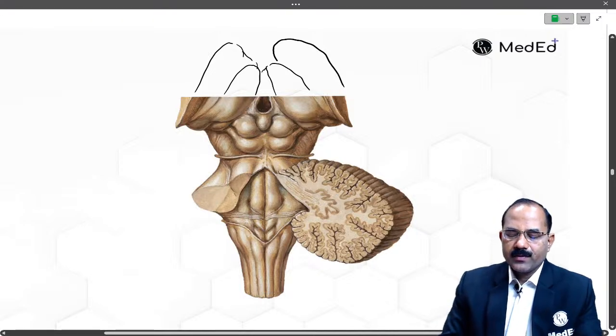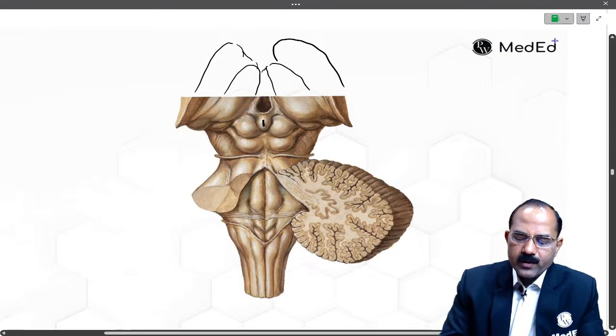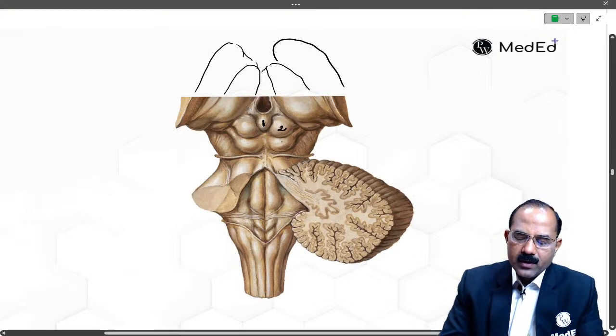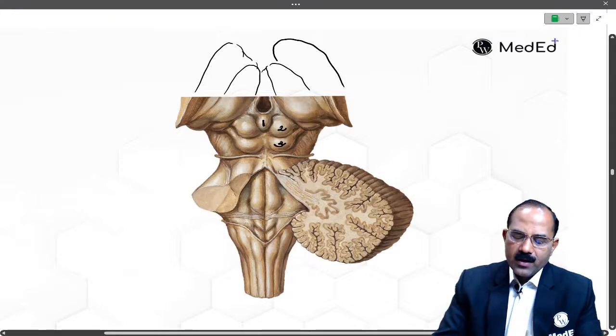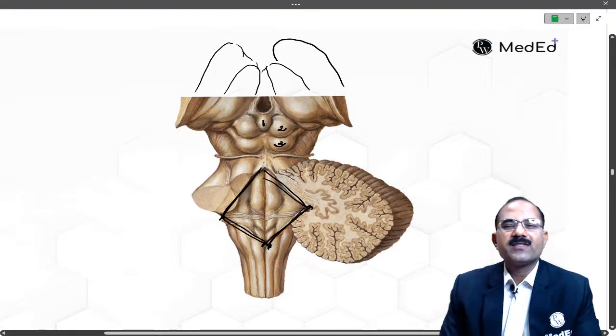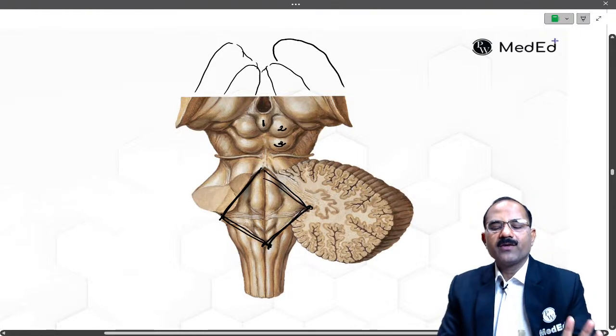Very good. So what is this number 1 that I've written? Pineal gland. And this is the superior colliculus, and that's the inferior colliculus. What is this diamond shaped structure, since you've removed the cerebellum? That's the fourth ventricle.